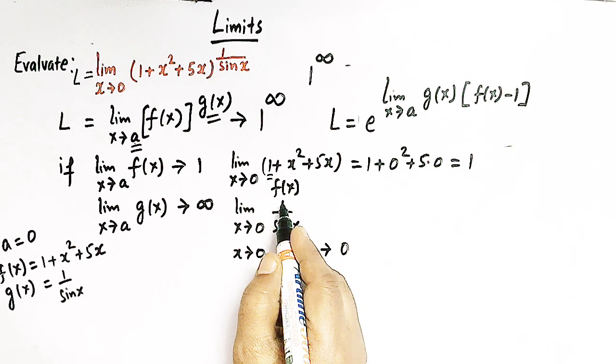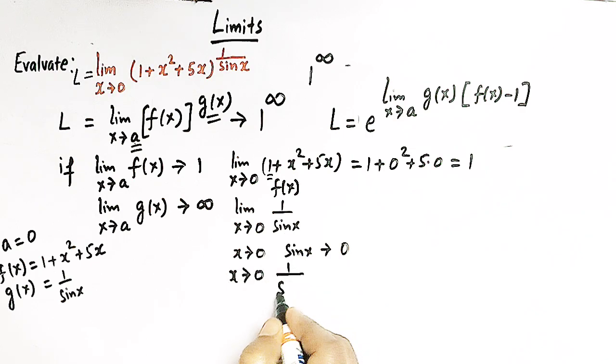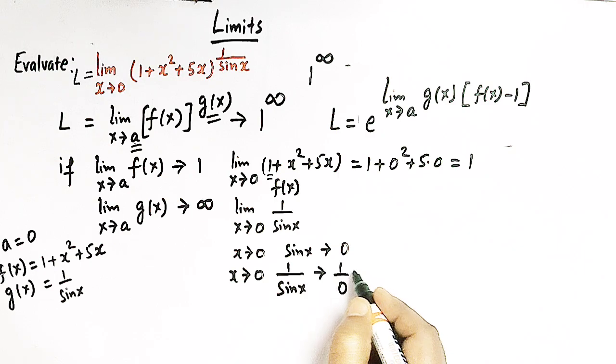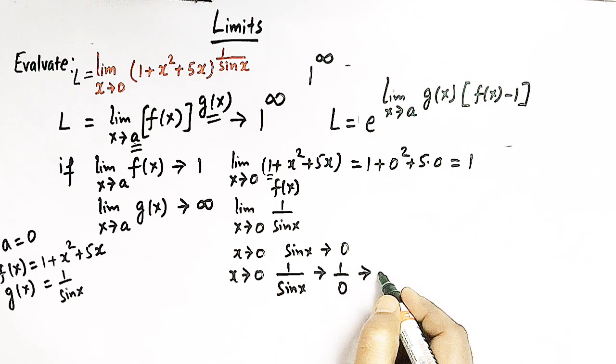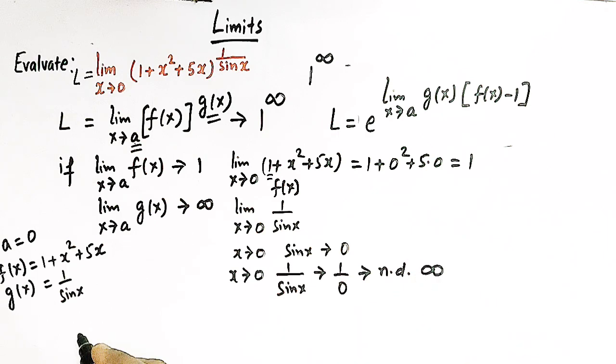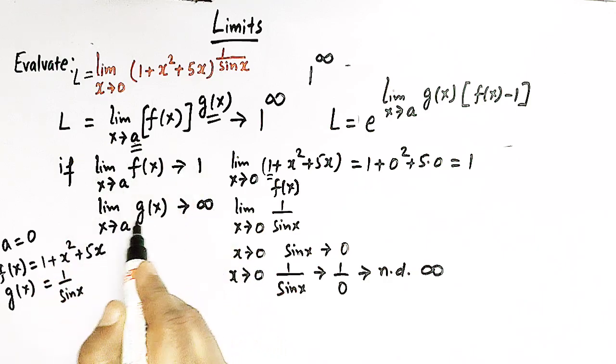So when x tends to 0, 1 over sine x tends to 1 over 0, which is not defined, that is infinity, right? So f of x and g of x satisfy these two conditions.